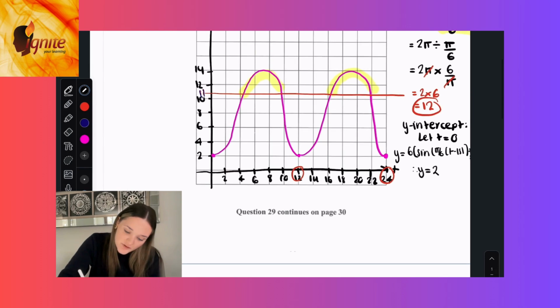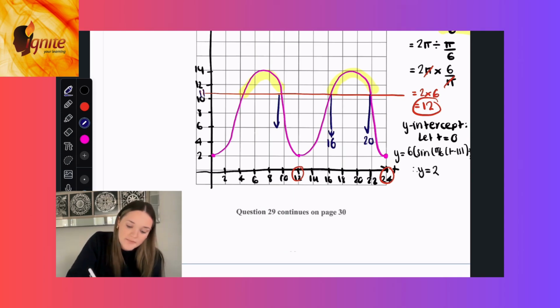Okay, in reference back to my graph, I can see that these endpoints are going to be 20, 16, 8, and 4. But I'm trying to find the length. I can find this length by going 8 minus 4, and this length by going 20 minus 16.